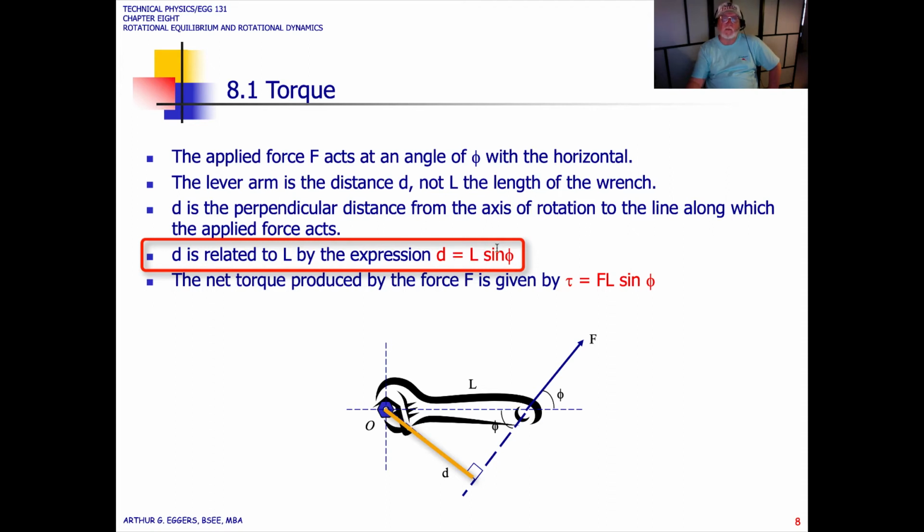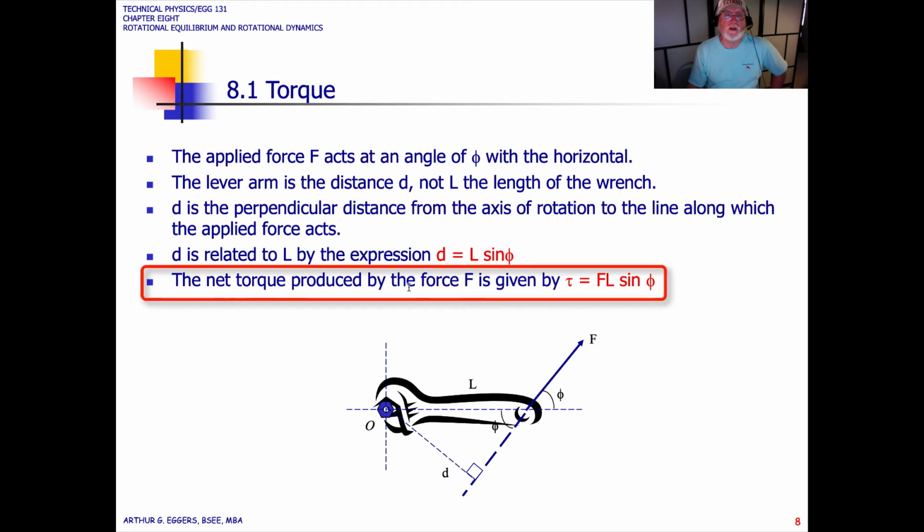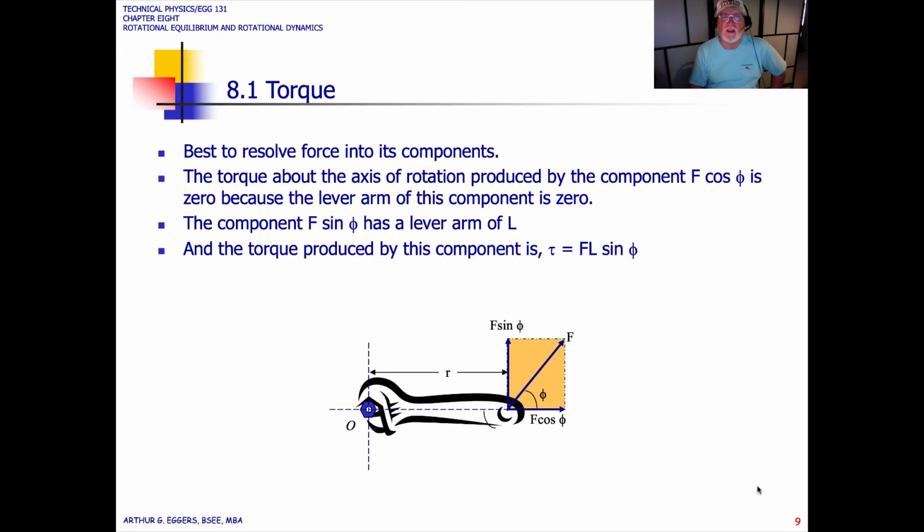So we've seen that before, where before we had L cosine, now we have L sine because we're moving it. We're getting all of our torque in the y direction. The net torque produced by the force F then is given by tau equals force times the length of the wrench times the sine of theta.